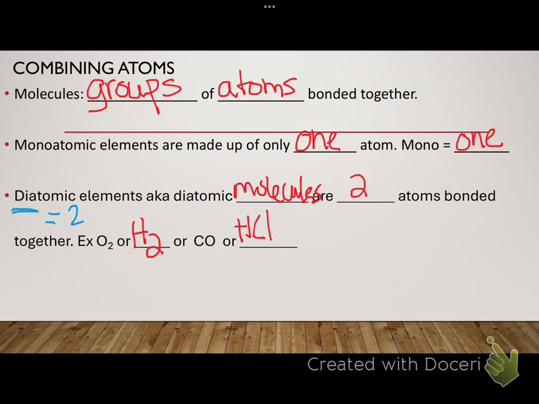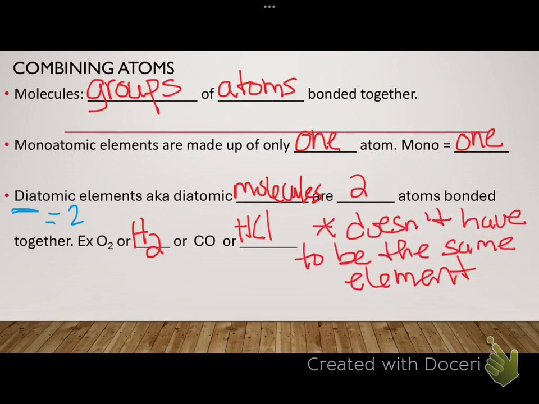Those are all diatomic elements because they have two atoms bonded together. It gets a little more complex. This is just a side note to remind you that they do not have to be the same element. O2 is two oxygens combined together, but it doesn't have to be two of the same element. Like hydrogen and chloride bonded together, and those are still diatomic elements.